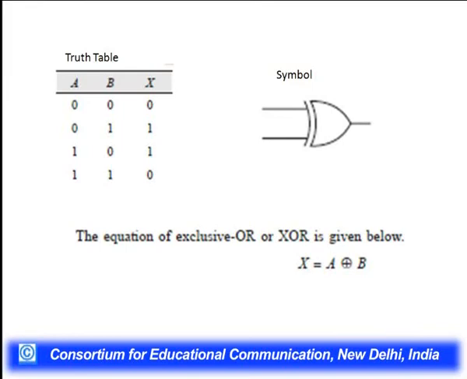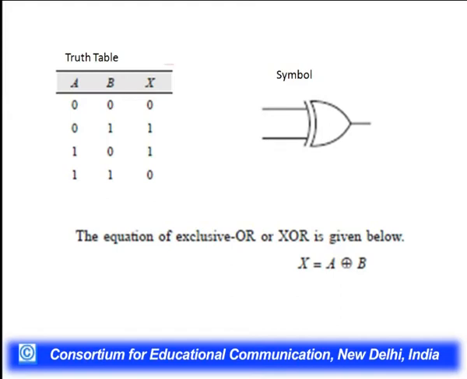So let us see this truth table with A, B and X. A and B are the two variables and X is the output. The combinations of these two variables are 0 0, 0 1, 1 0 and 1 1. As per the concept, if both inputs are the same, the result is 0. So here A is 0, B is 0, both inputs are the same, the result is 0.